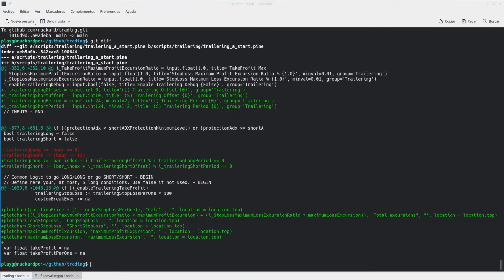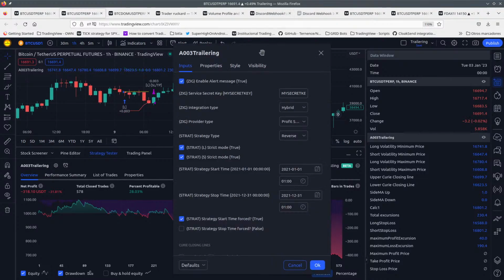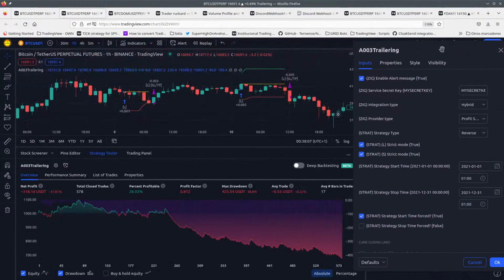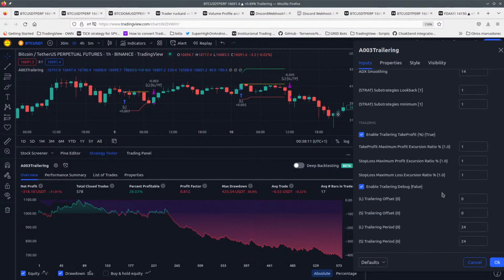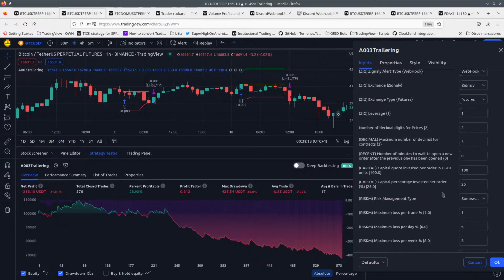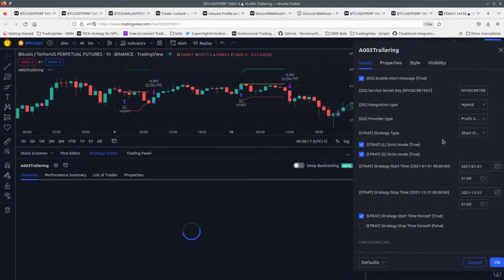So now we should be able to change it to short, and this should be a short and this should be a short. Let's see if that's the case. It's exactly in the same place. I'm going to say that this is short only. Let's see what happens.